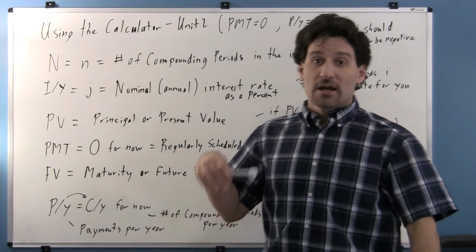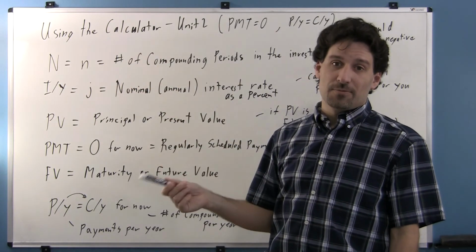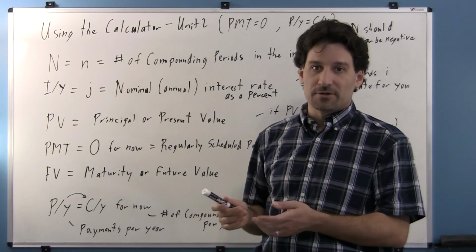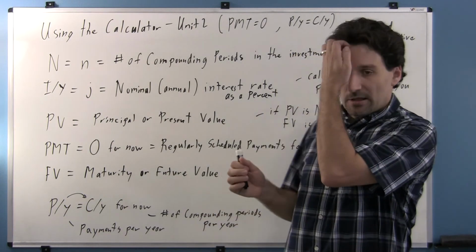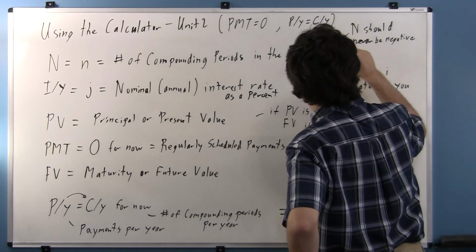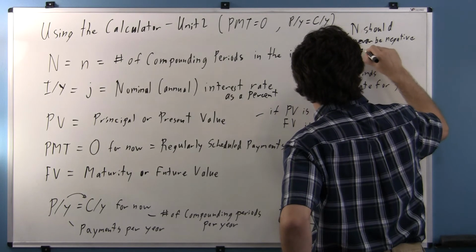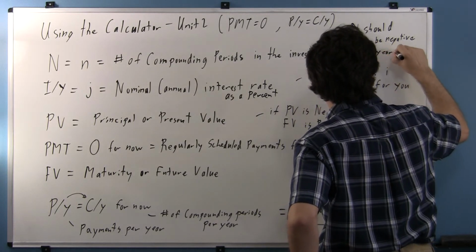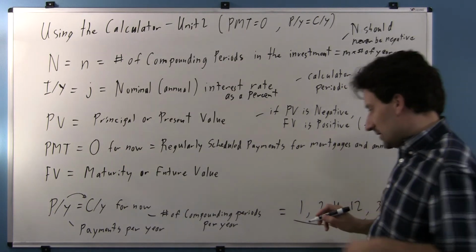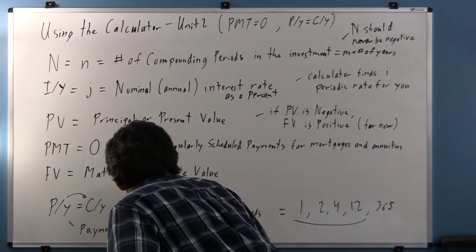Even though, if you're only investing for 6 months, that means N is going to end up being 2 quarters of a year, 2 compounding periods. And N, as with before, is going to be M times the number of years. And CY is going to be equal to M.